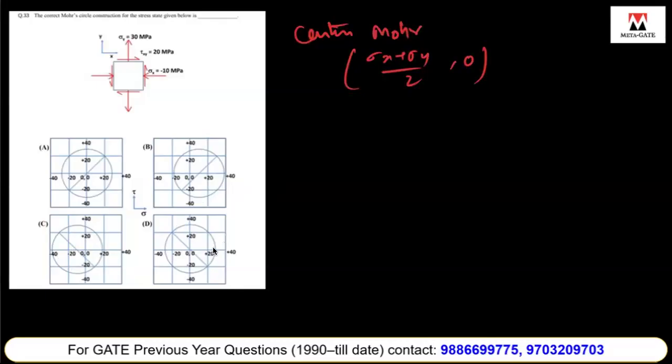The center lies on the x-axis itself. So here it is 30 minus 10 by 2, comma 0, which is 20 by 2, which is 10, comma 0. Among these, 10, comma 0 is only in this. So the Mohr circle represents this one.